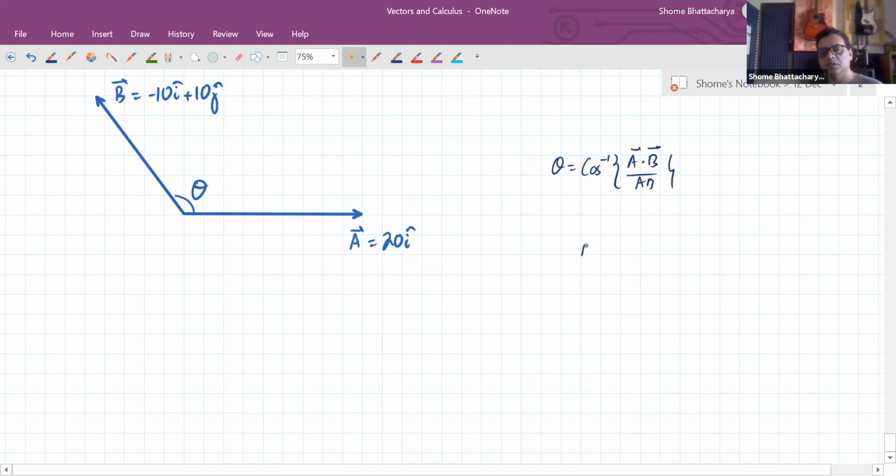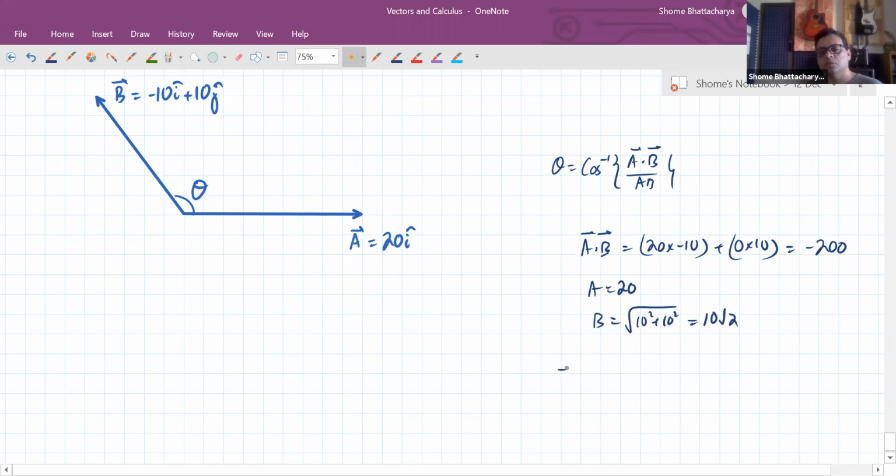So you can see that A dot B here is 20 into minus 10 plus 0 into 10, AX BX plus AY BY. So it's minus 200. Magnitude of vector A is 20 and magnitude of vector B is 10 root 2. Right. So theta becomes cos inverse of minus 200 divided by 20 into 10 root 2.